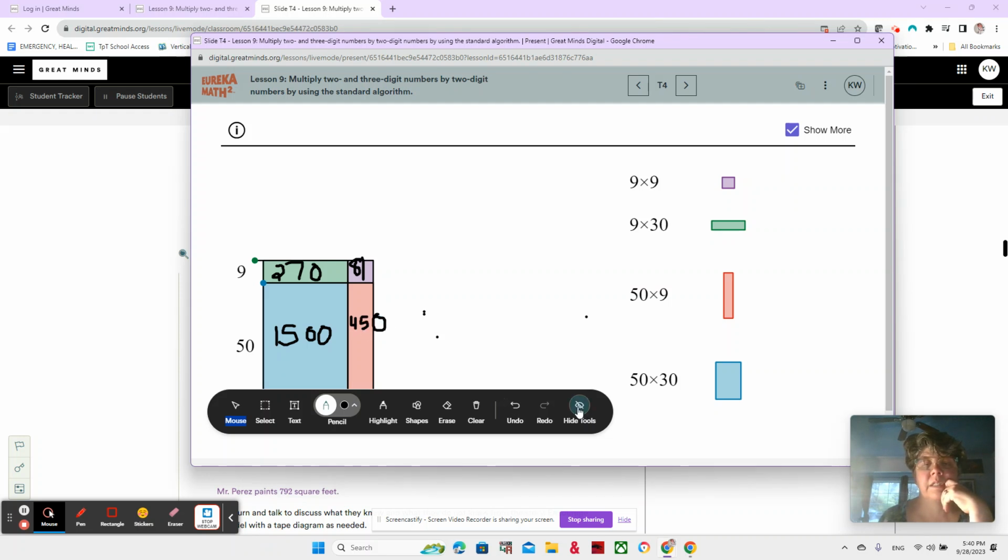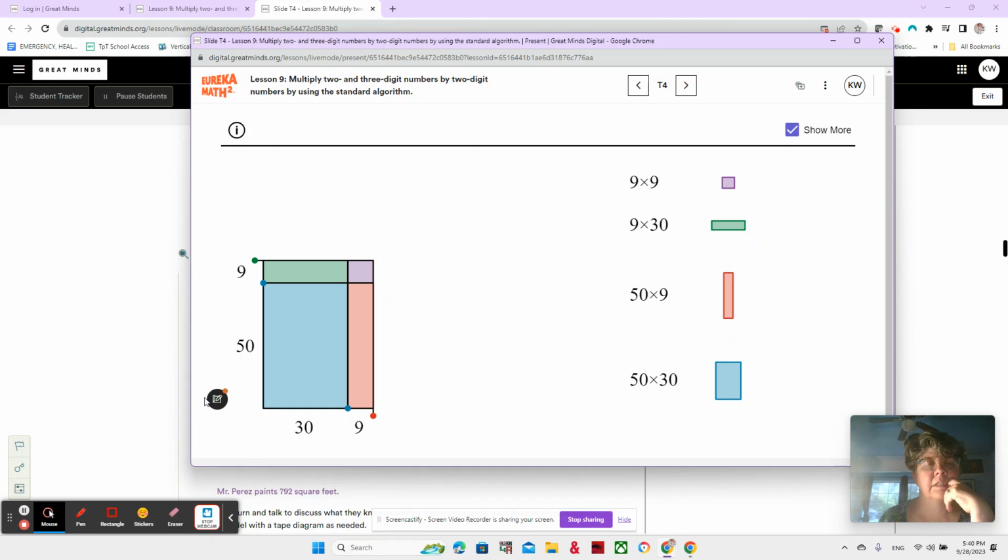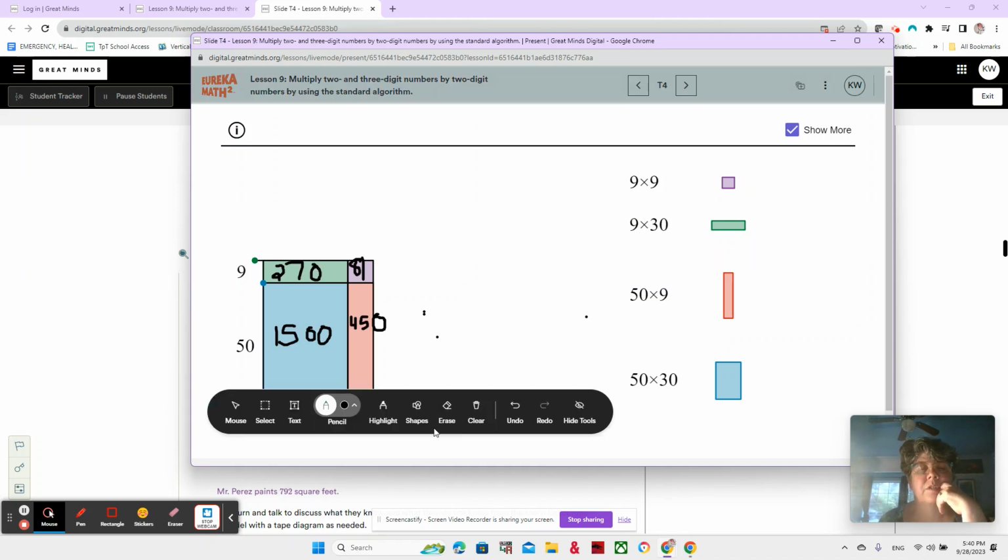See, if I hide the tools, then the numbers go away. There must be a way to move them. That is a problem. But you can see this part of it. You just can't see the numbers on the bottom, but you can see them over here as well. Of course, 50 times 30 is going to be the biggest part.